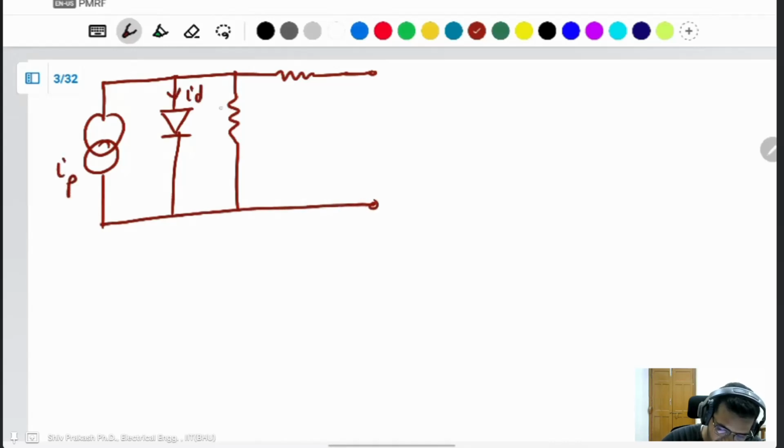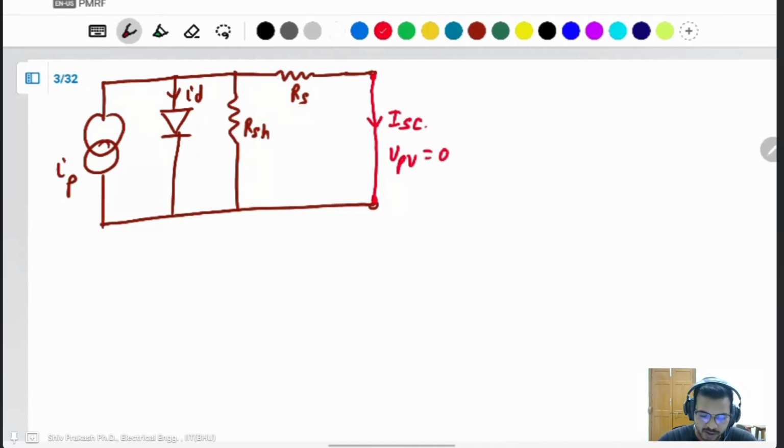This one IPV, this one ID, shunt resistor, series resistor. This will be short circuited. Then this current is flowing as the short circuit current, ISC, and voltage VPV will be 0 because of the short circuit. As I said previously also, if you short circuit two terminals, then their voltage will be 0. That's why VPV will be 0 at this time.